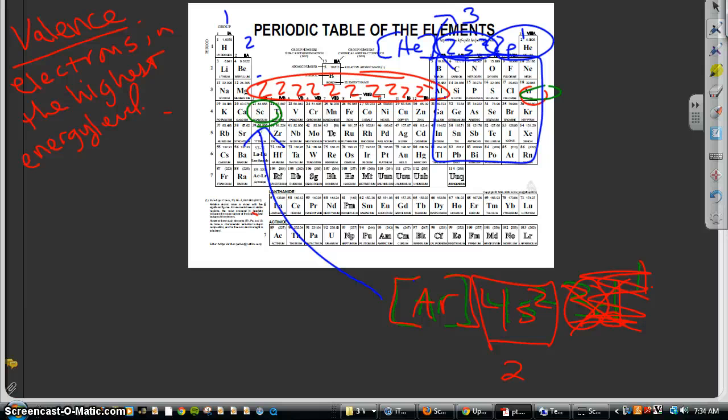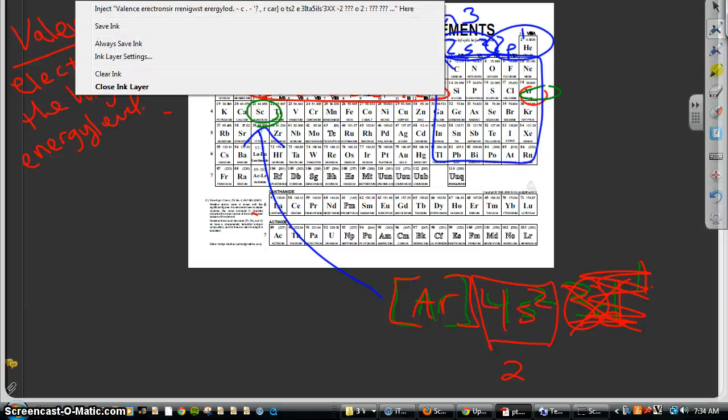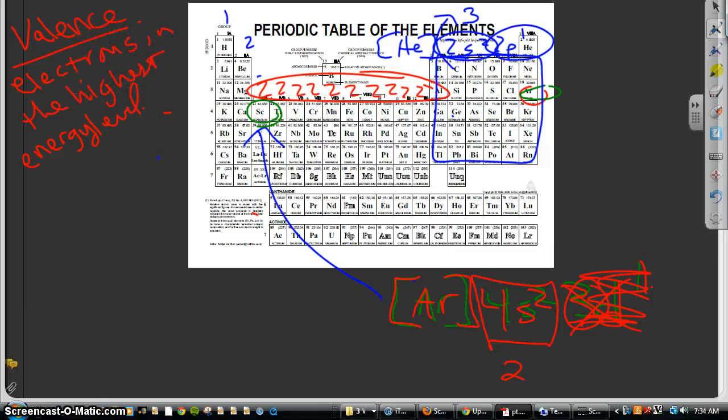Aluminum would be 3s2, 3p1, and gallium would be 4s2, 4p1, and so on and so forth. Therefore, everything in this column has 3. By the same argument, this column would have 4, this column would have 5, this column would have 6, this column would have 7, and this column would have 8.